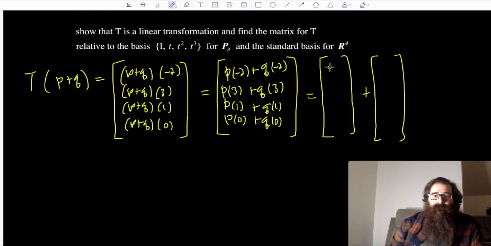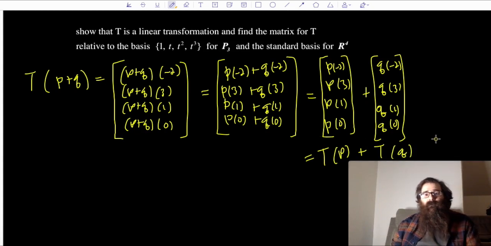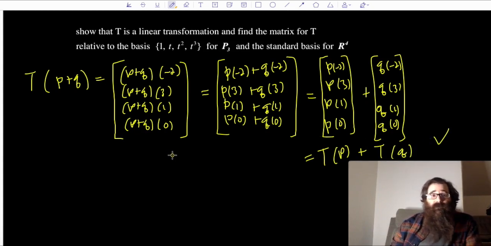This first vector has all the p's: p of -2, p of 3, p of 1, p of 0. And this second vector has all the q's: q of -2, q of 3, q of 1, q of 0. By definition, this is my transformation T applied on polynomial p plus my transformation T applied on polynomial q. So we can show that first property for linearity.